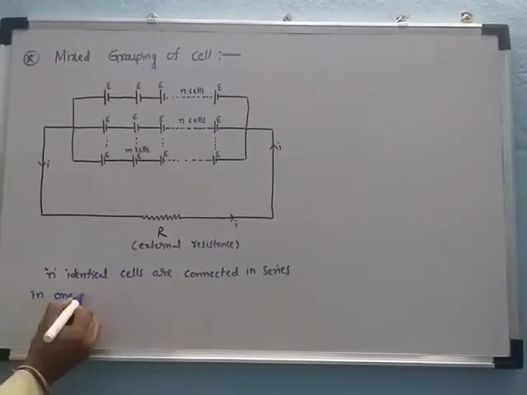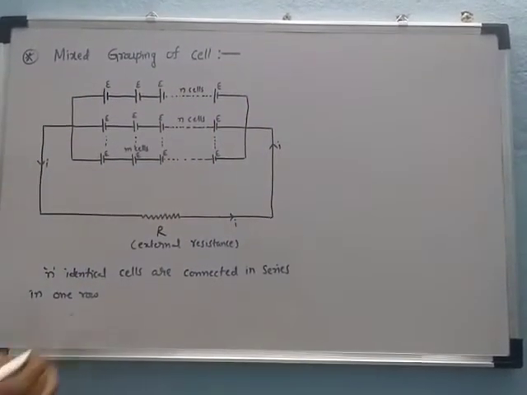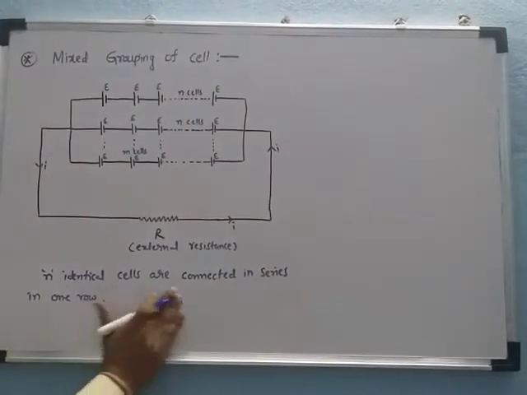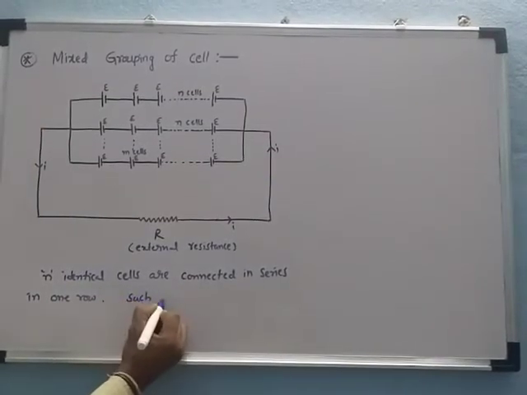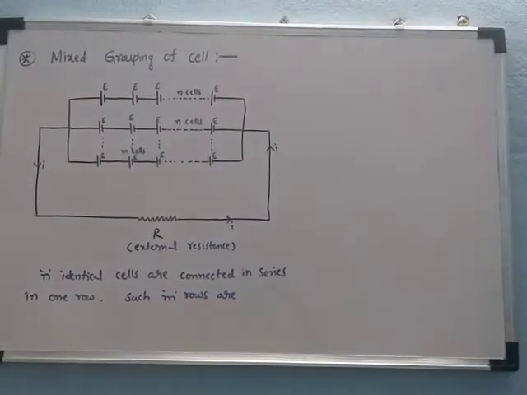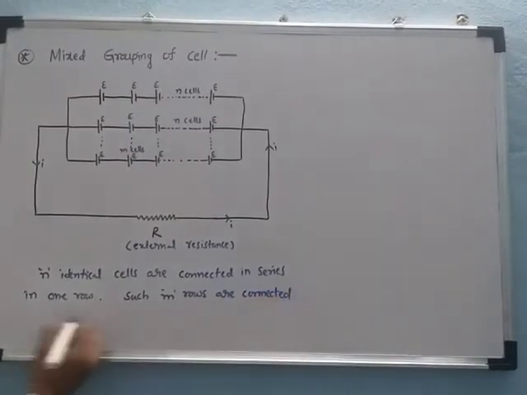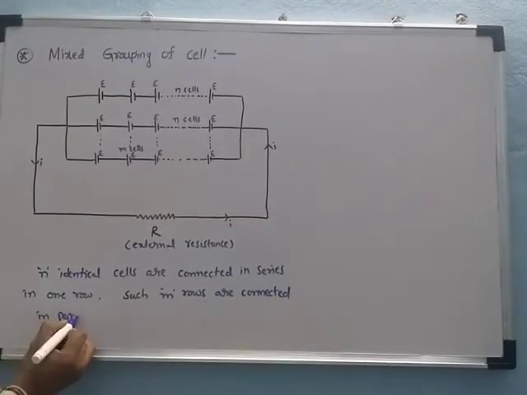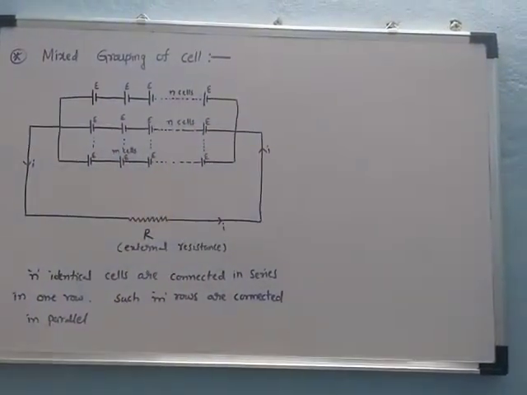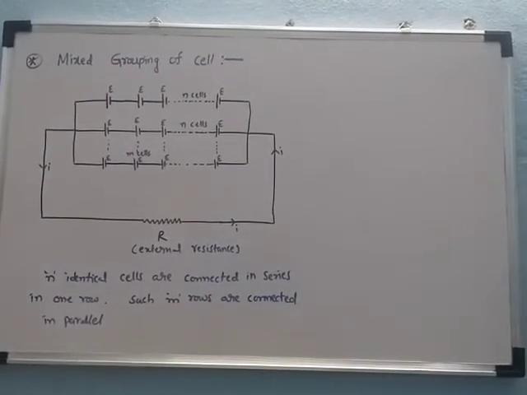In one row means this row is connected in series. Such m rows are connected in parallel. The n identical cells are connected in series, and the m rows are connected in parallel.